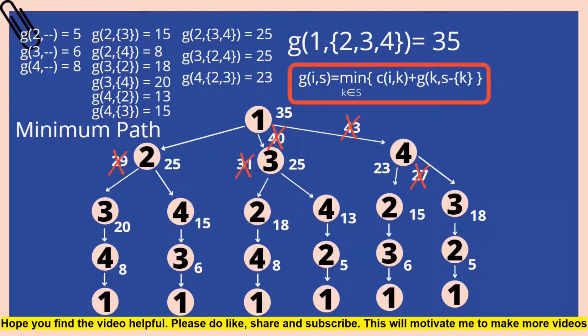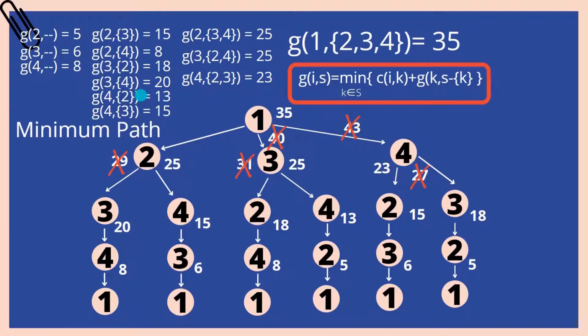So what is the minimum path? As we can see, starting from 1, our minimum distance is 35. So if we store these values, then we can get the minimum path. So 35, we are getting from 2. From 3 we are getting 40 and from 4 we are getting 43.